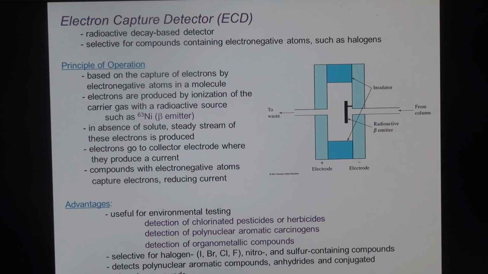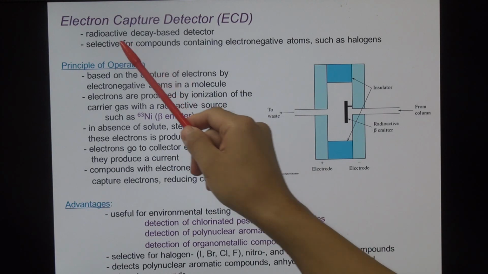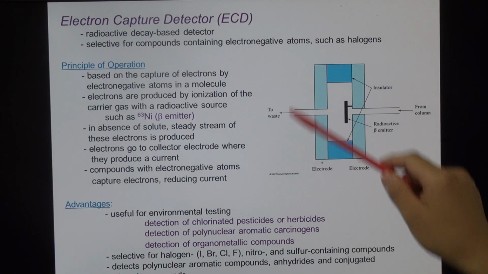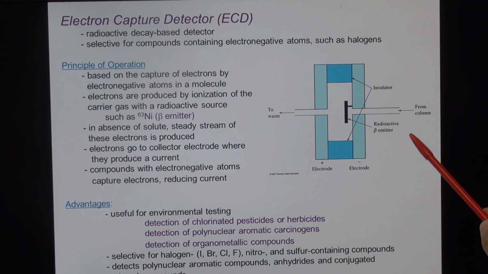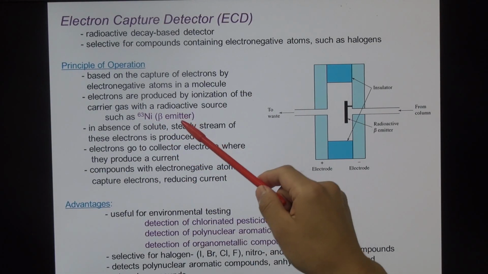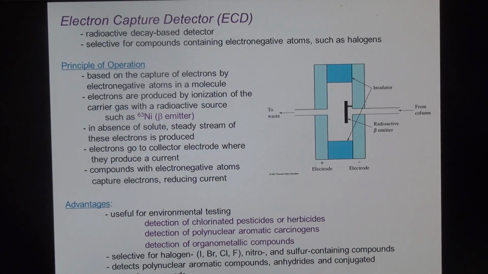The next kind of detector is the electron capture detector. Okay. For this detector, we use radioactive material as a radioactive emitter. So inside of this detector, we have radioactive material such as nickel 63. They basically emit beta radiation. Beta radiation is electrons, right?